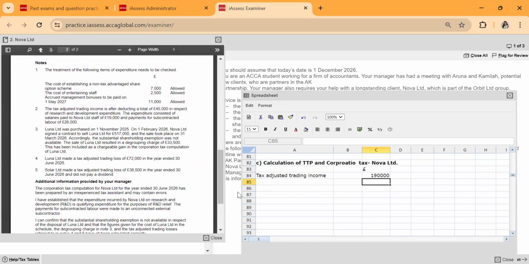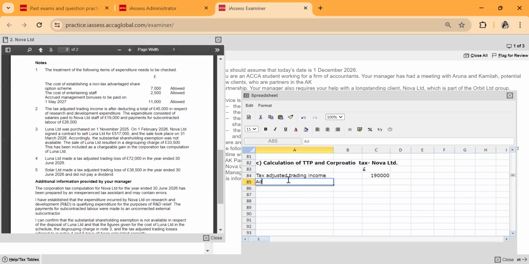Non-tax advantage means it is not approved by HMRC. So will the expenditure be allowed or disallowed? Tell me quickly. Yes, very good. We need to add back.